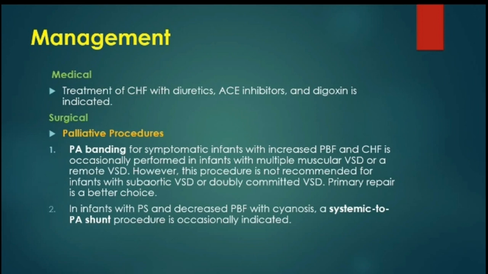However, whenever possible, primary repair by VSD closure is a better choice. Patients with severe PS with decreased pulmonary blood flow, a systemic to pulmonary shunt should be the option of choice until the patient is ready for definitive surgery.